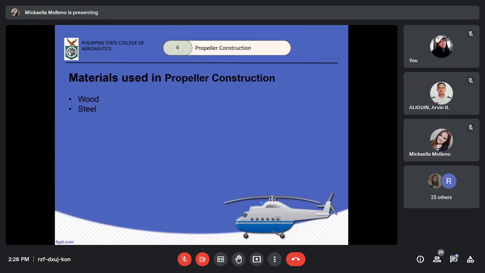But its biggest disadvantage is that it is susceptible to damage because it is not that tough. Just think of it this way: there are three materials, actually four, sorry. There are four usual materials used here, but the most widely used is aluminum alloy.